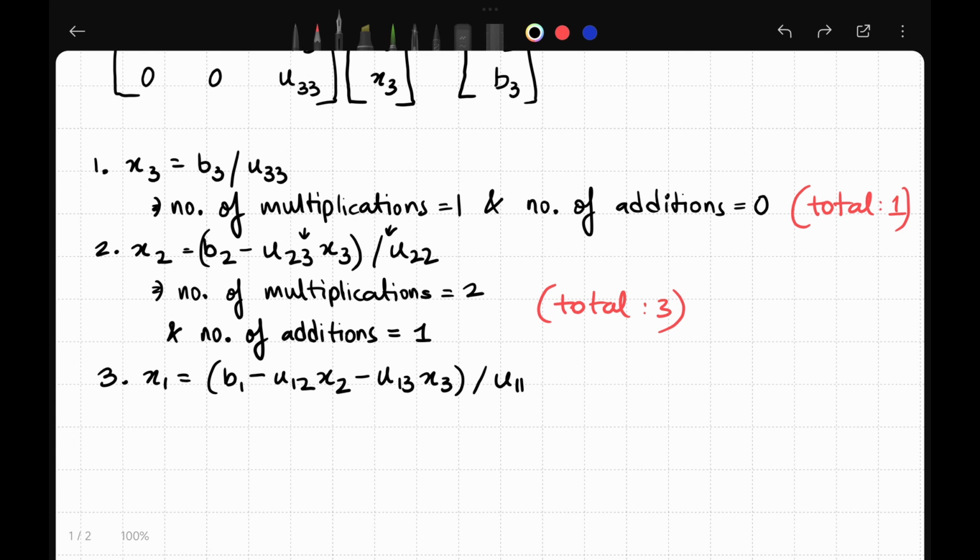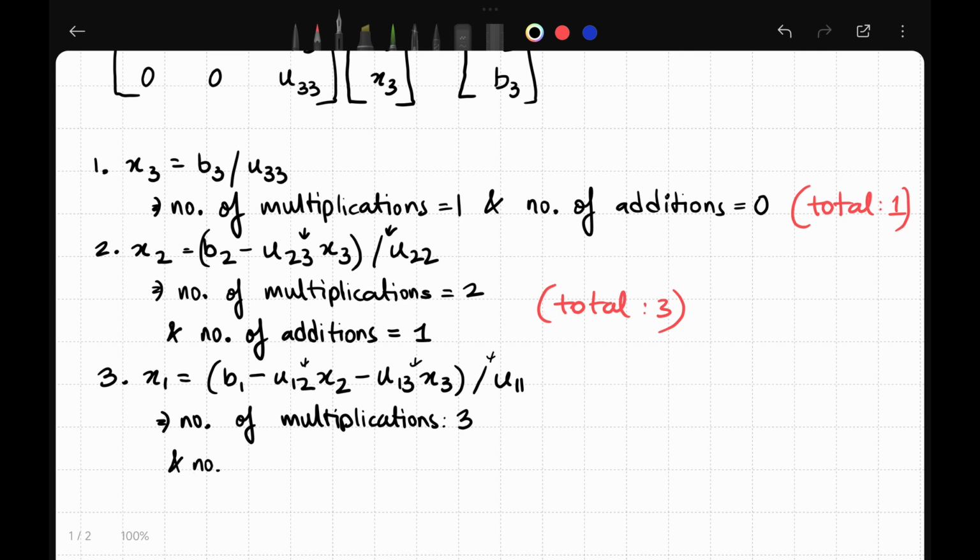So it's intuitive. You don't have to worry about it. And in this case, the number of multiplications is how many? You have one here, you have one here, you have the division here, so 3.